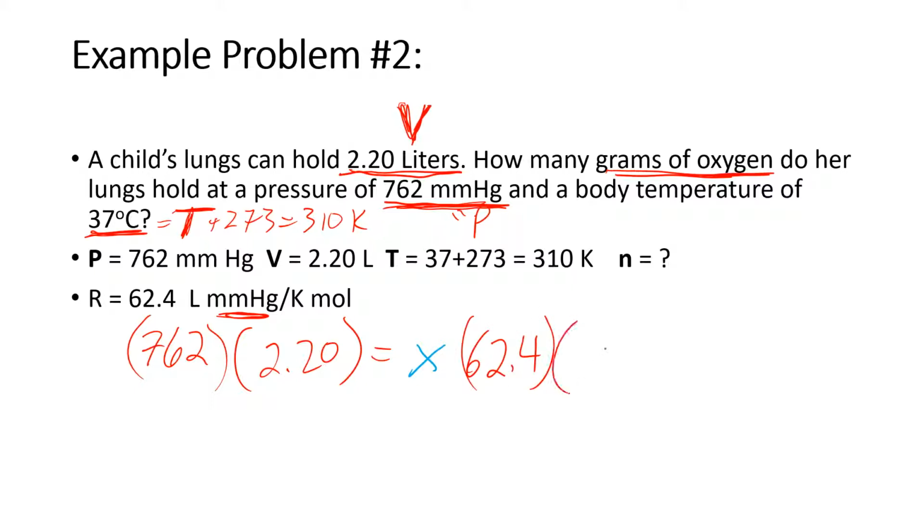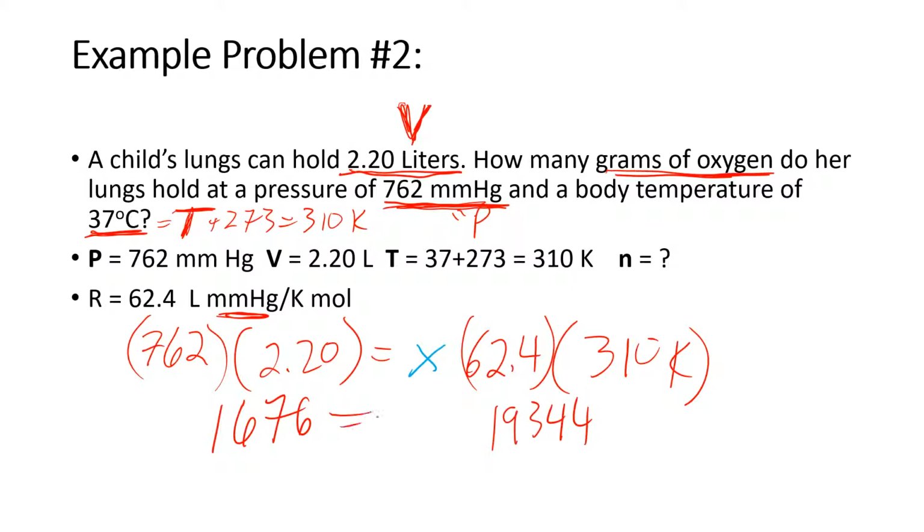And our T is 310 Kelvin. So if we solve for that X, we got 762 times 2.20, and that gives us 1676. This is 1676. And then 62.4 times 310 is 19344.